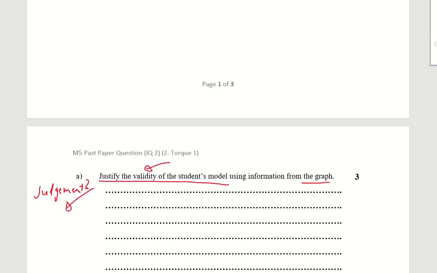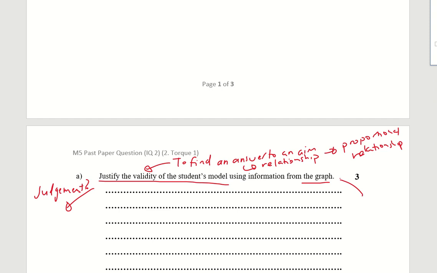Now we know that validity is to find an answer for an aim, but more importantly, if you have an answer to a particular aim, that should also show some kind of relationship, right? So some proportional relationship. That's what we're trying to look at.